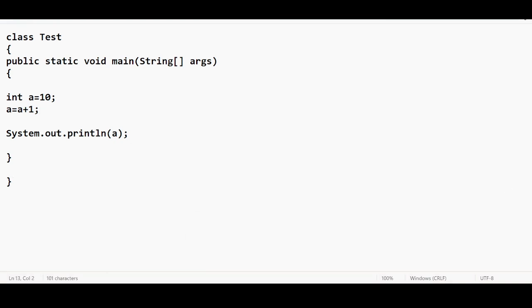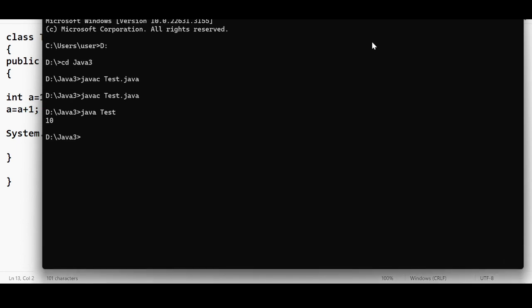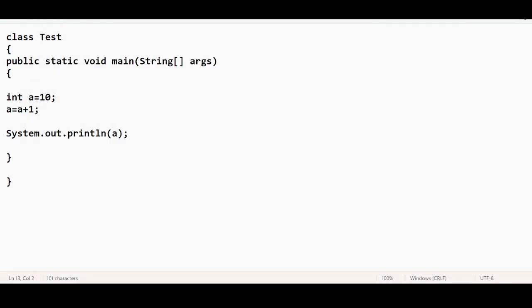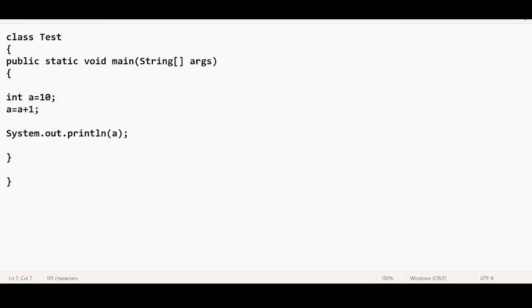A equal to a plus 1 is equal to 11. You are correct.